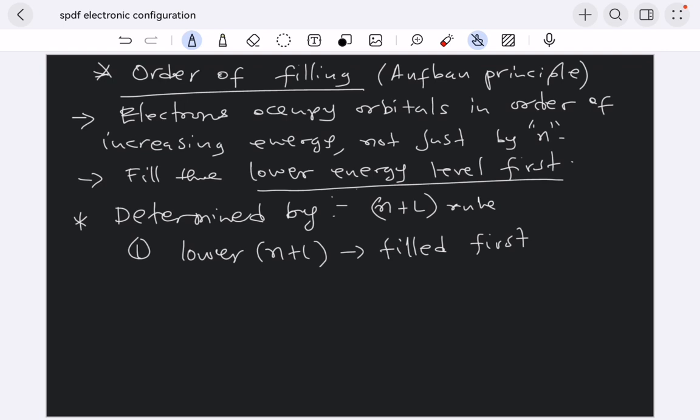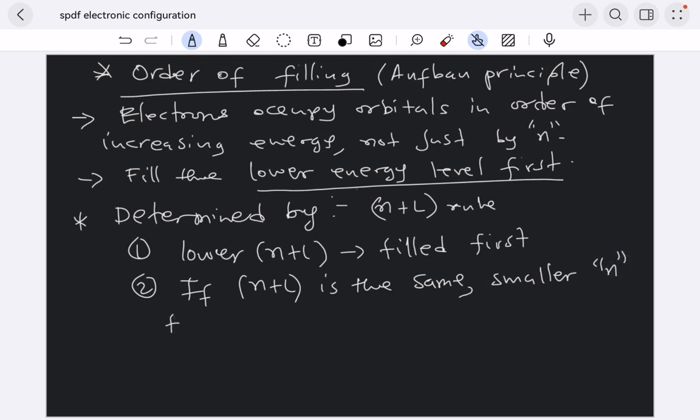So when we calculate the N plus L, the one with the lower N plus L should be filled first. Then, if N plus L is the same, in a case where the orbitals share the same N plus L, then the smaller principal quantum number fills first. Let's look at examples.